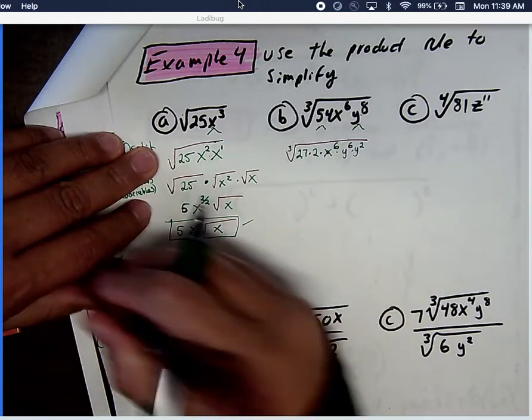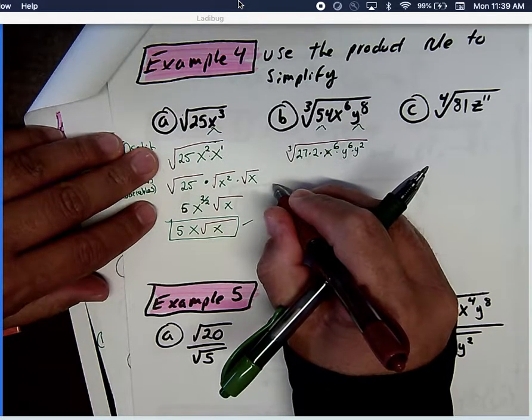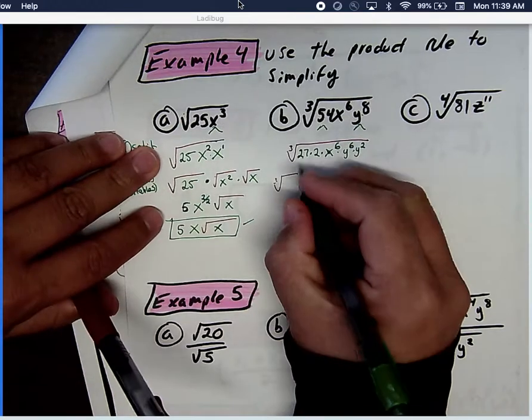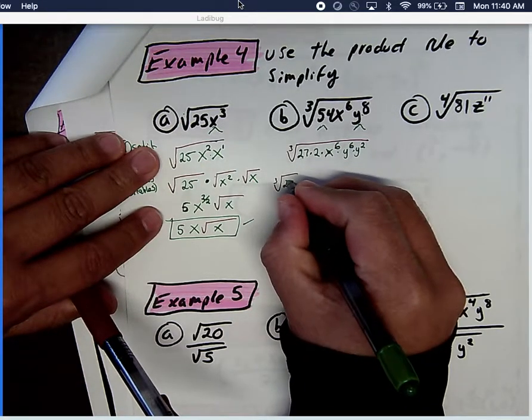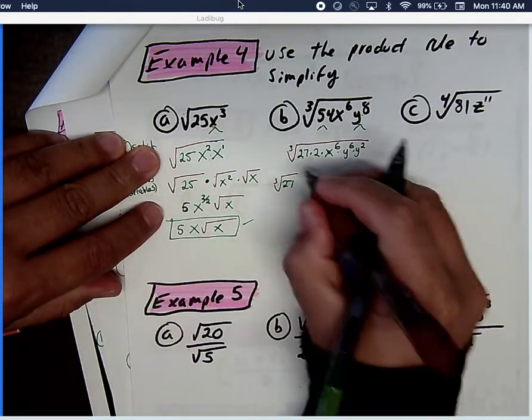Okay, now let's do them individually. We're gonna have a bunch of stuff here, but I'm doing this so that it's understandable for you guys.